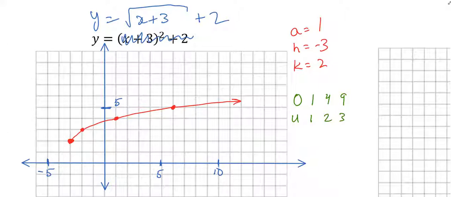Not a negative A value, though. It's a totally different letter. So that's something that you could explore. We're just not going to worry about it today. So it'll always go to the right, but it won't always go up. The A will sometimes make it curve down.